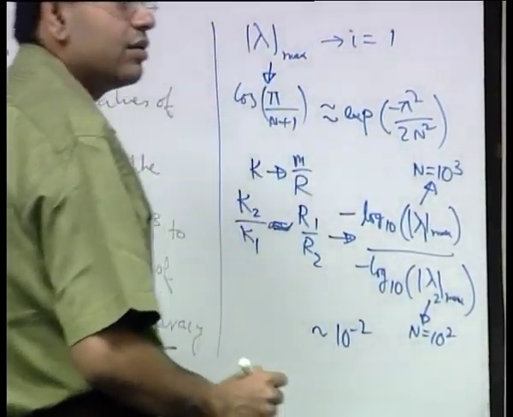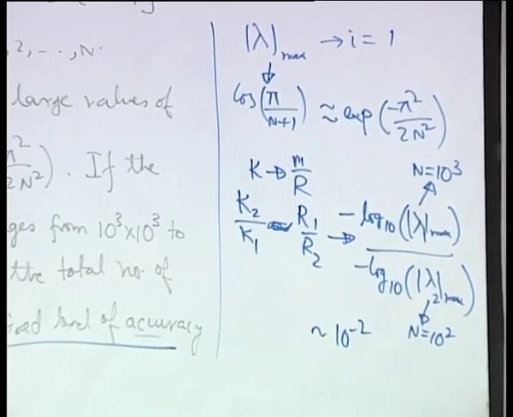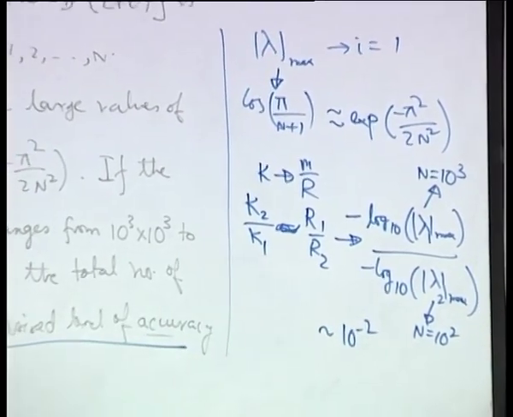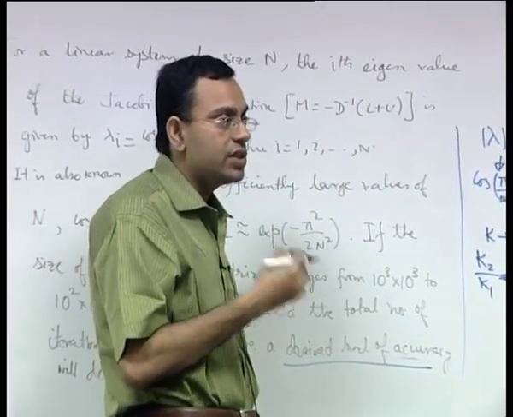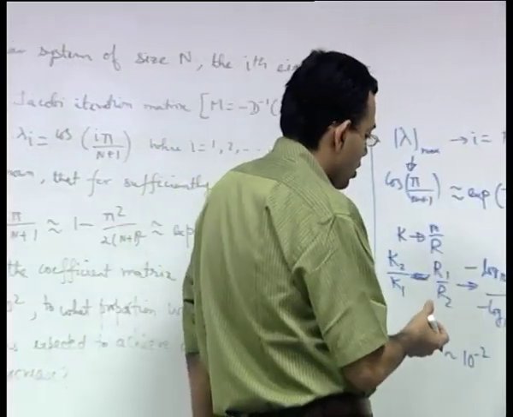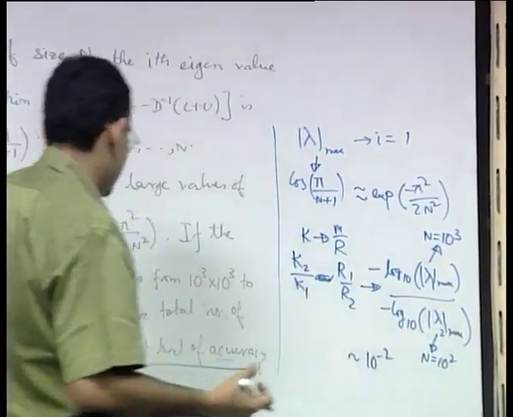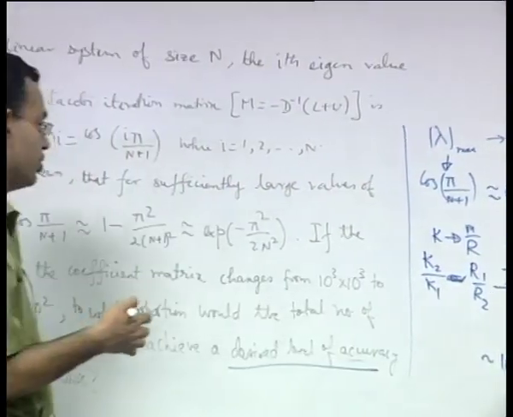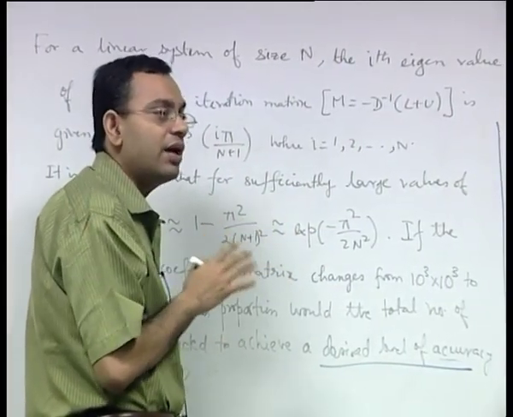This you can verify later on through calculations, but the important thing is the understanding. So, what does it give you? It gives you an estimate of the reduced number of calculations that you need to do as you decrease the size of your coefficient matrix to achieve the same accuracy.